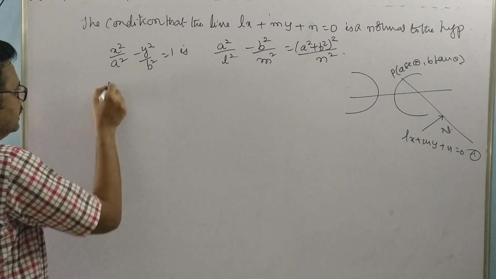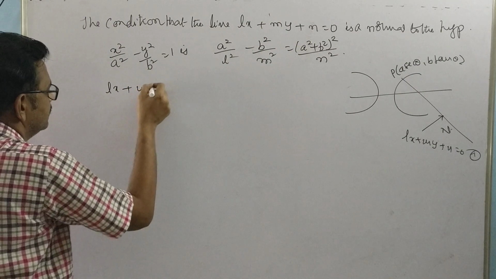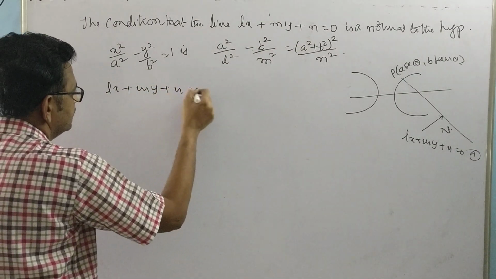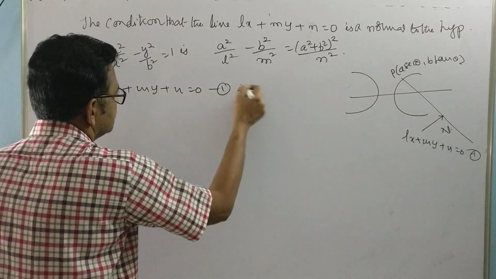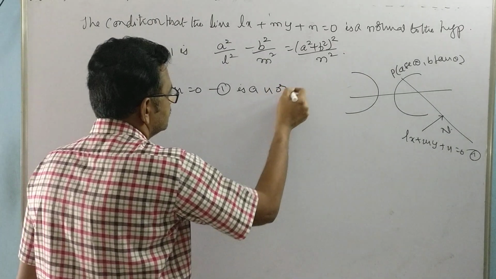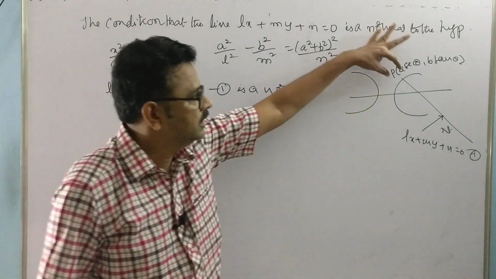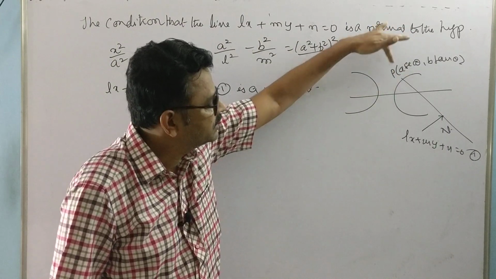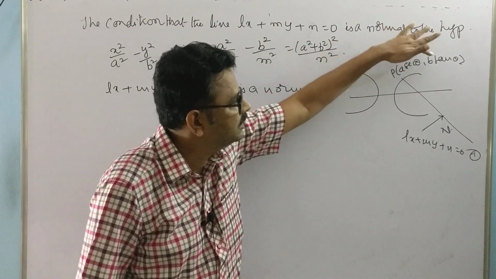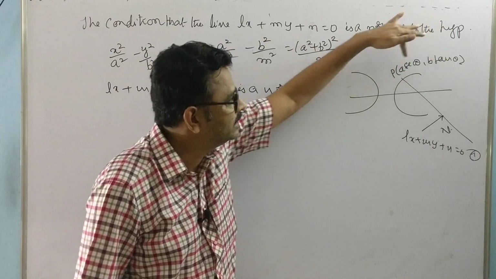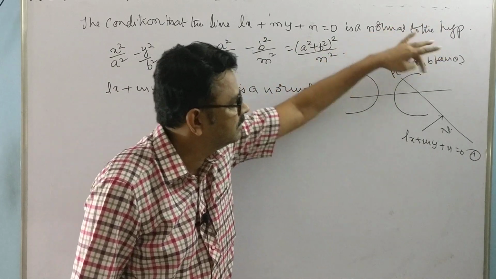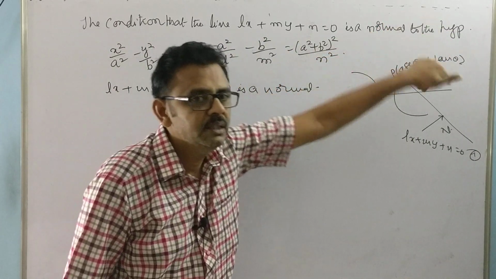Let the point P be (a secant theta, b tan theta). Now take a point on the hyperbola, the point is a secant theta, b tan theta. Now at the point theta, the equation of normal.